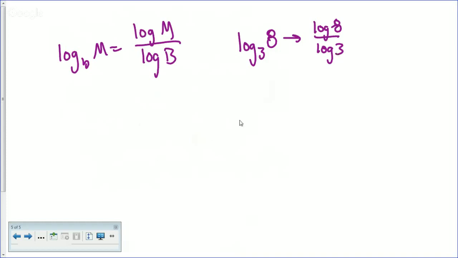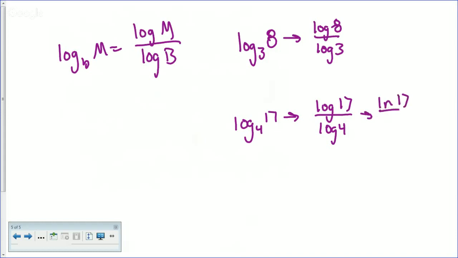So if we say log base 4 of 17, I could change that and say log of 17 over log of 4. Or I could even say ln of 17 over ln of 4. And I could put those into the calculator and we could get an approximate answer.